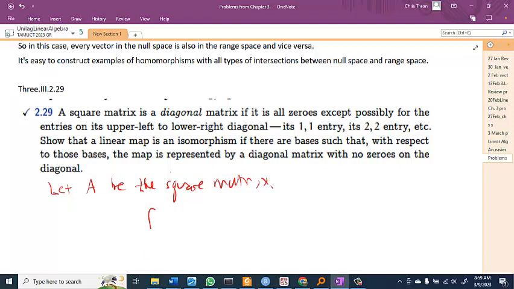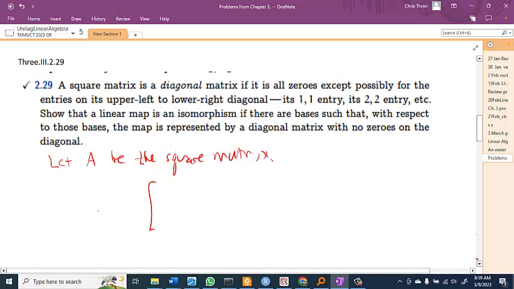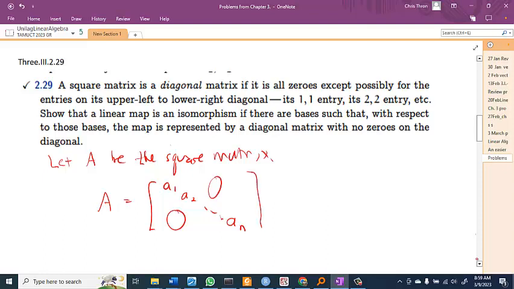So what that means is that I can write A this way, with a1, a2, through an on the diagonal and 0 elsewhere.